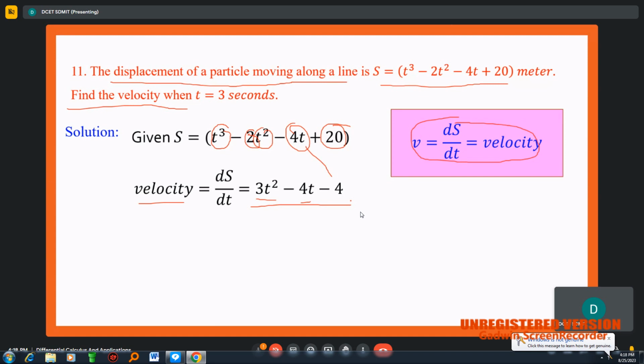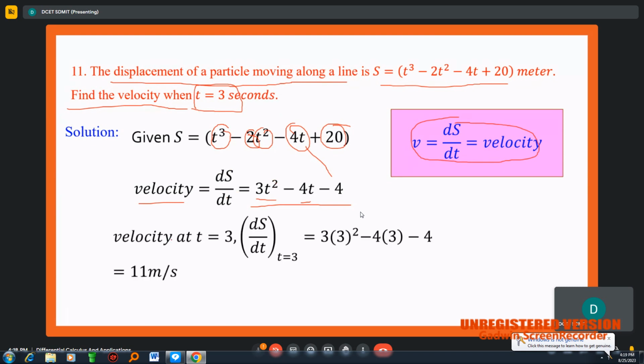Now we have to find the velocity when time t is 3 seconds. So in the place of t, we are replacing 3. Therefore, velocity at t = 3 is ds/dt at t = 3, which is 3 into 3^2 minus 4 into 3 minus 4.